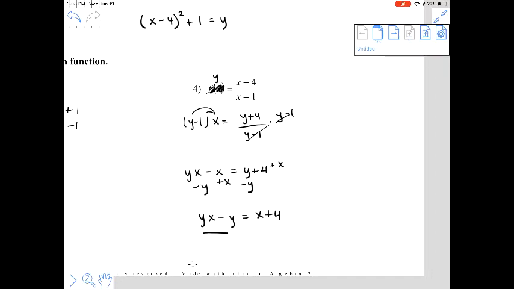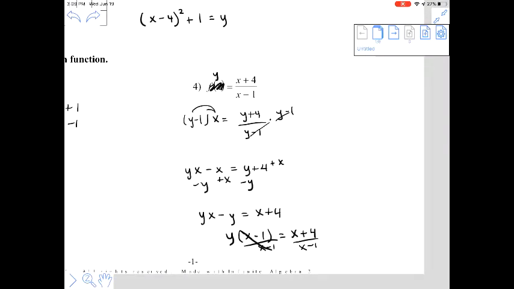And the reason for getting all those y's on the same side is now it's a common factor. I can factor out a y, and that leaves x minus 1. And then I can divide by x minus 1. And this is the inverse.